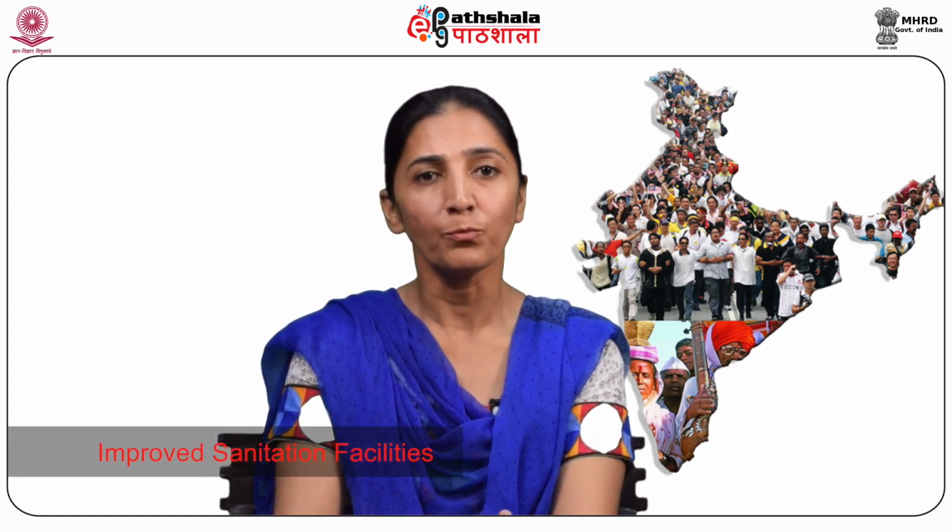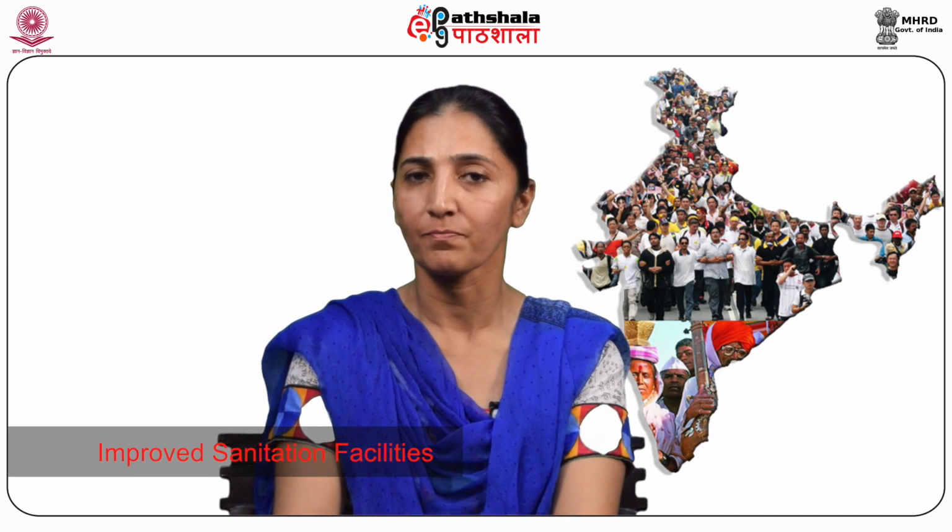Thus, we have observed that urbanization is associated with increase in quality of life, not only through an increase in per capita income, education and health facilities, but also improvements in access to water and improved sanitation facilities.